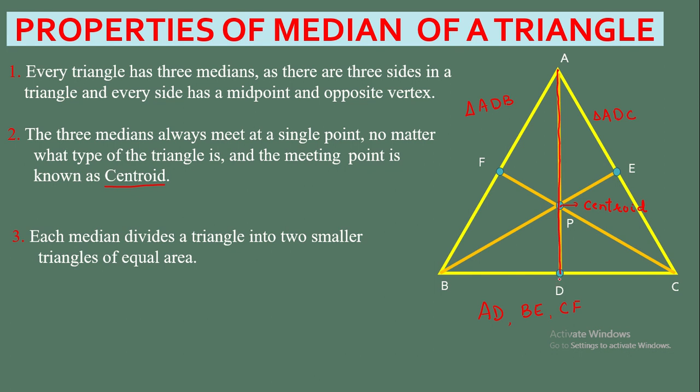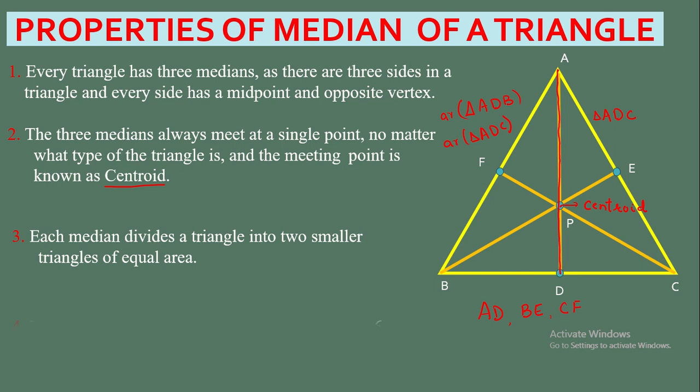So this median divides the triangle into two smaller triangles of equal area. That means we can say area of triangle ADB is equal to area of triangle ADC. It's one more property of the median.